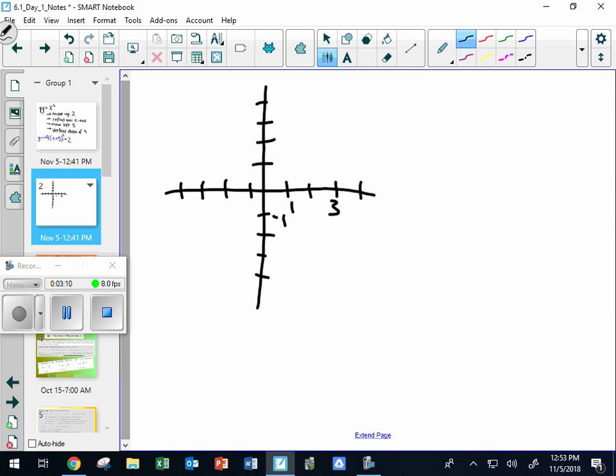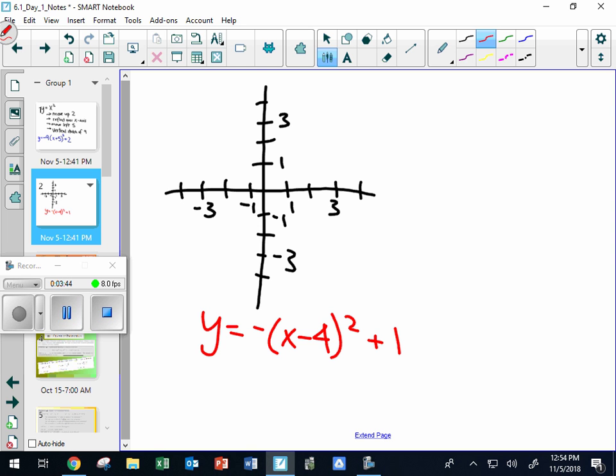One other example, if I just kind of sketch a graph. These are just all intervals of 1. If I took this and I said, all right, I want some kind of vertical stretch in my equation, and say I thought a good equation would be y equals negative x minus 4 squared plus 1.